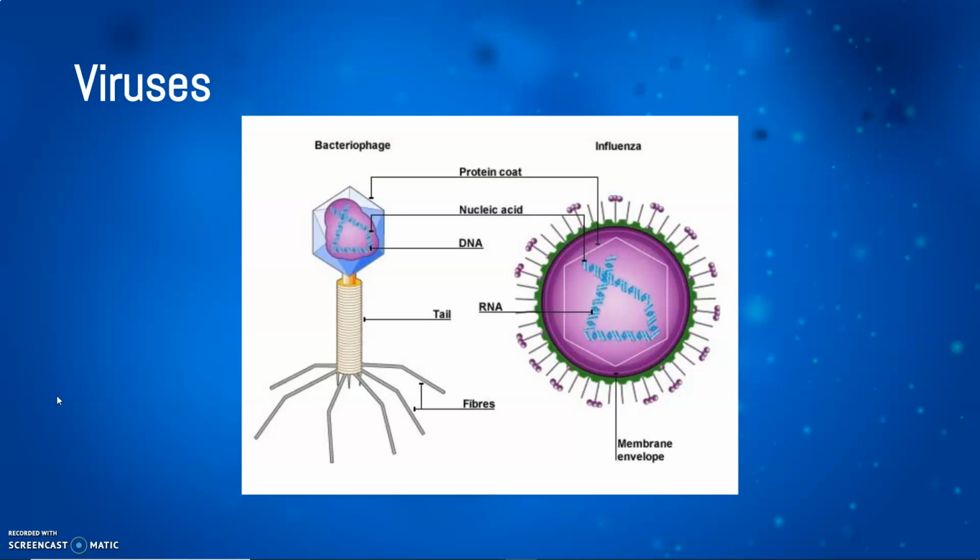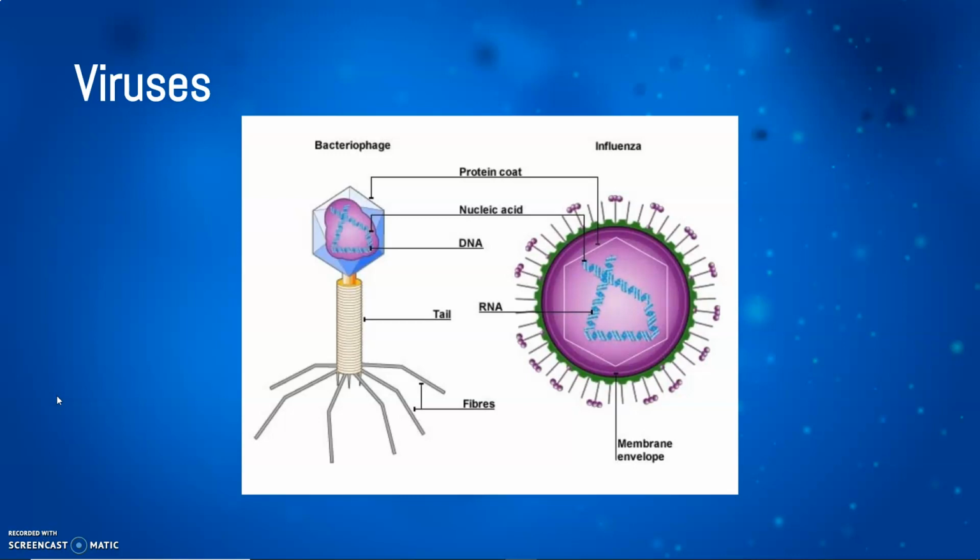Inside that protein coat, it's going to be a nucleic acid with a strand of DNA. In the case of a bacteriophage, it's going to have a tail and fibers. The tail, for the most part, is just a long cylinder column. You really don't need to know much more than that. And the fibers kind of work like arms and hands.